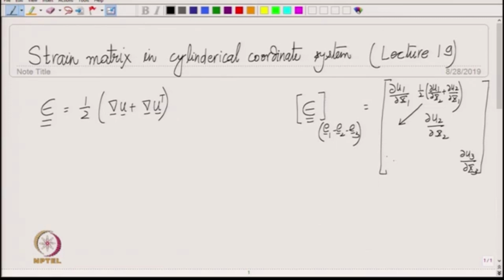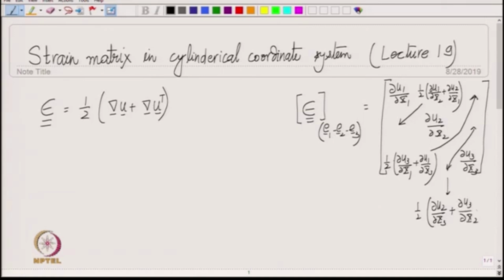Likewise, this term here is half of del u3 by del x1 plus del u1 by del x3, and this is the same as the term here, and finally, these two terms were half of del u2 by del x3 plus del u3 by del x2.